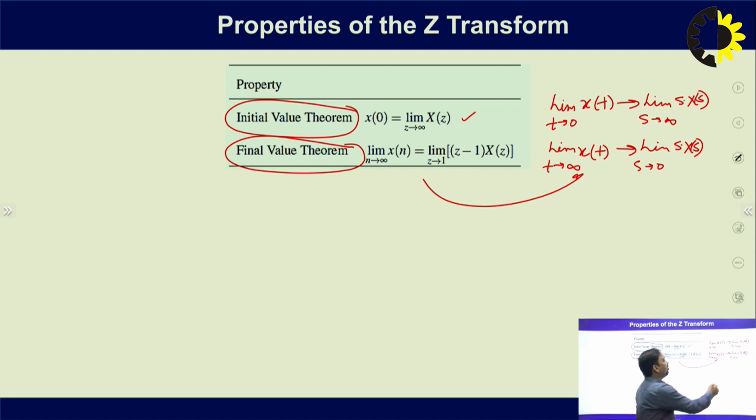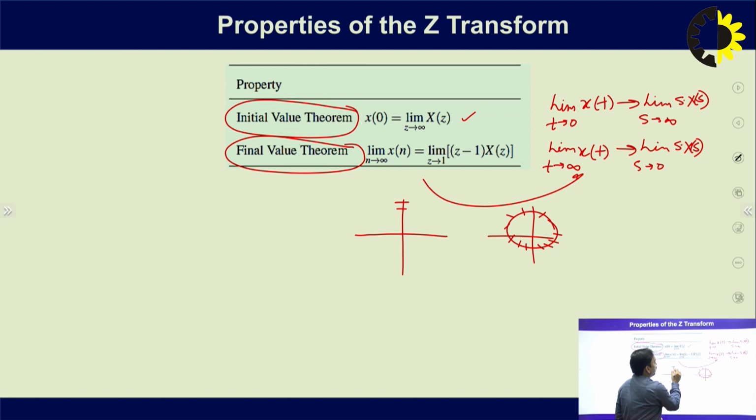To the right we have limit s approaches 0, means s equal to 0, the s plane is basically mapped onto the unit circle. This is called the mapping of s plane to z plane. So it can be equivalently represented as mod z, or z approaches 1. So limit z approaches 1, z minus 1 multiplied by X(z), or it can also be written as 1 minus z inverse multiplied by X of z.